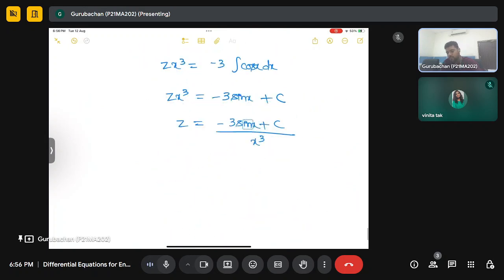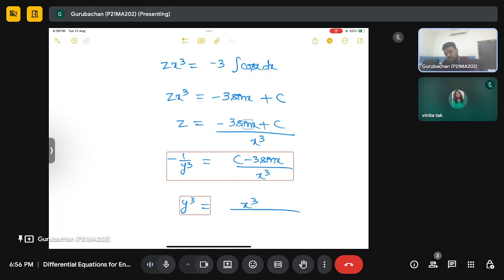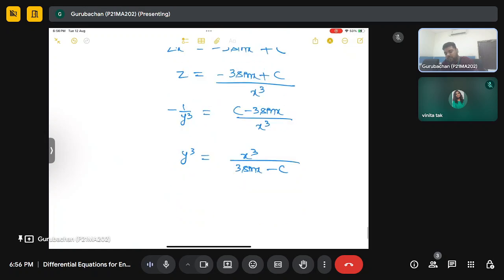So this will give you minus 1 by y cube equals c minus 3 sin x divided by x cube, which will provide you y cube to be x cube divided by 3 sin x minus c.